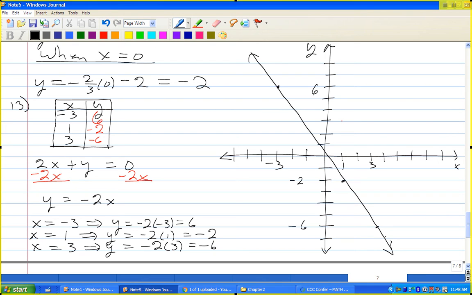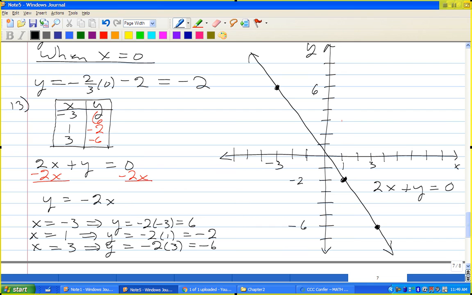Okay, it looks better. Okay, so this is the sketch of the graph. 2x actually goes to the origin, but 2x plus y equals 0. Okay. It's a little bit off, but not too bad.